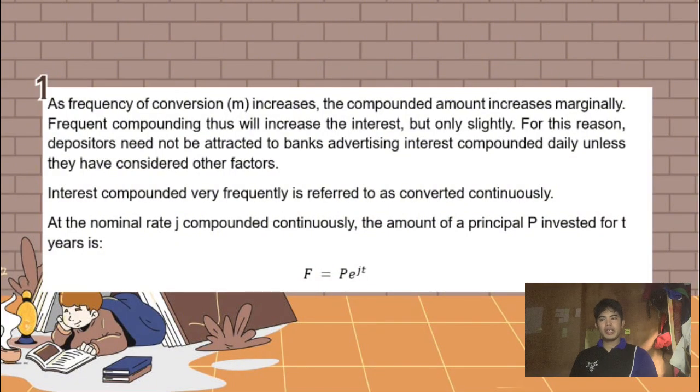At the nominal rate J compounded continuously, the amount of principal P invested for T years is F equals P e raised to the power JT.